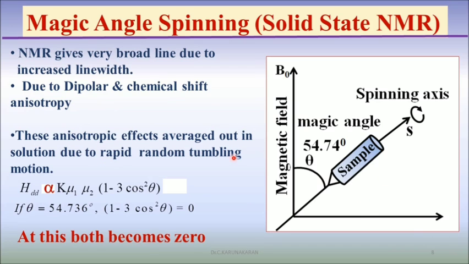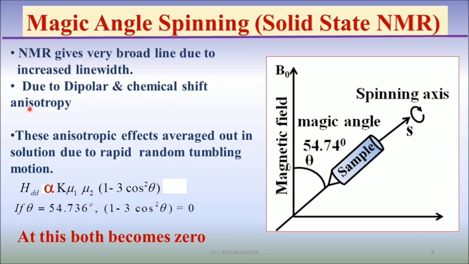These effects are averaged out in solution, where they are negligible. They give an isotropic NMR spectrum due to rapid tumbling motion.